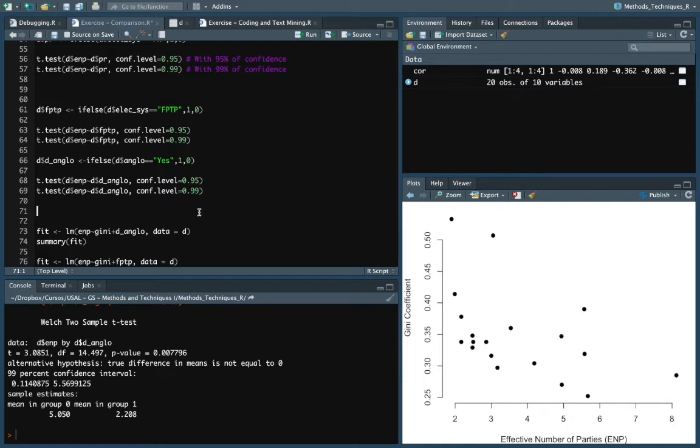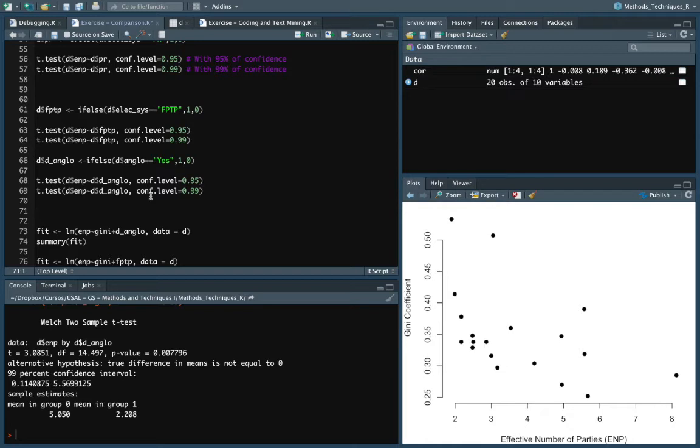They both explain. But which one can explain the phenomenon best? And remember, we already had the Gini coefficient that was negatively associated with the effective number of parties.